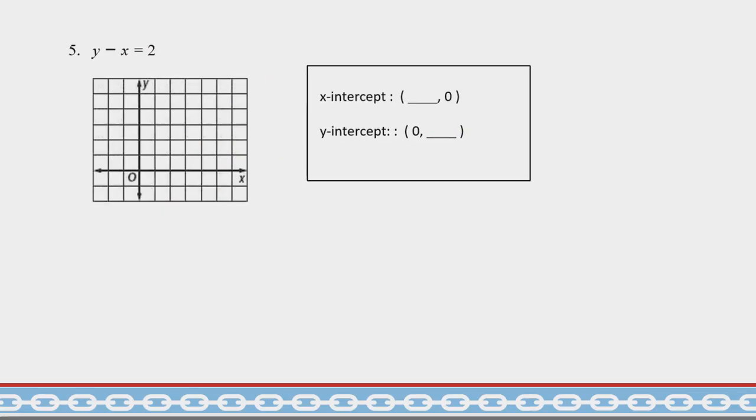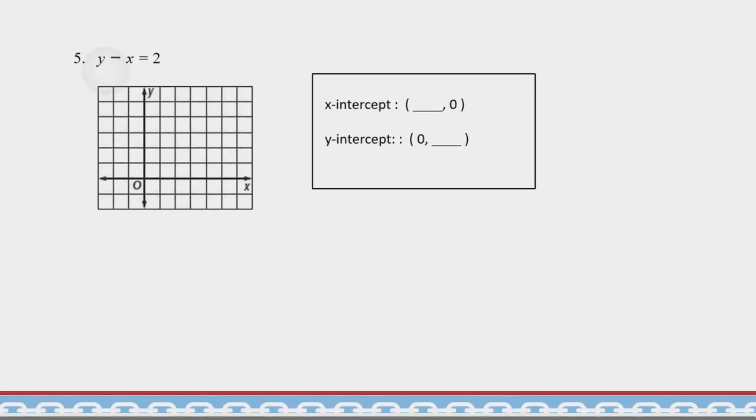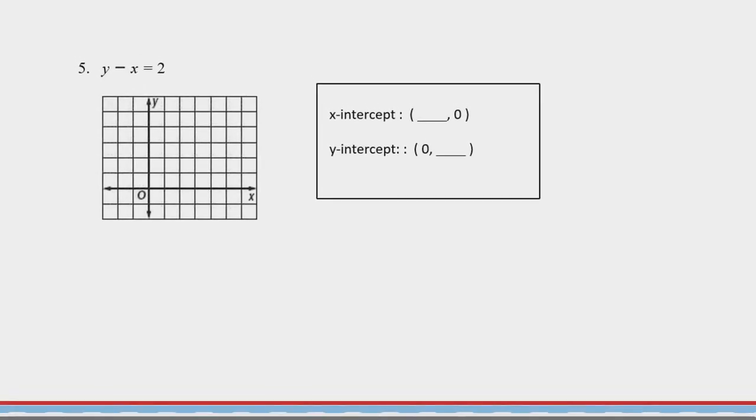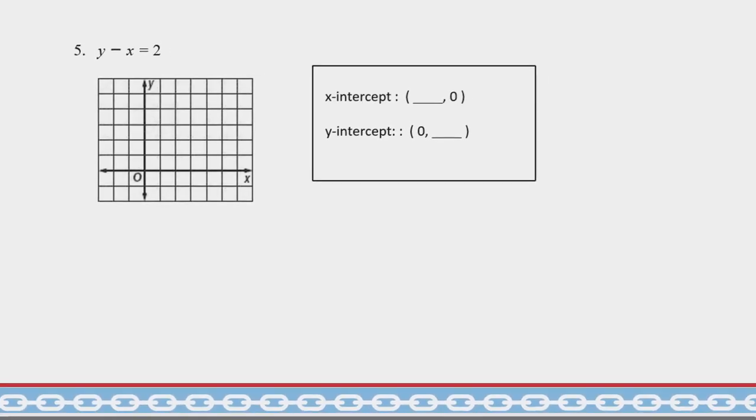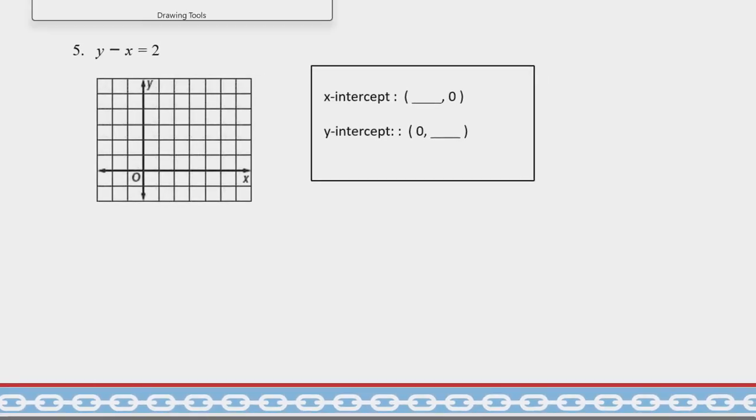Here we have standard form. This is where we could do the cover-up method, right? To find the x-intercept, we get rid of y, right? So I could put my hand over y here. I cover up y, right?